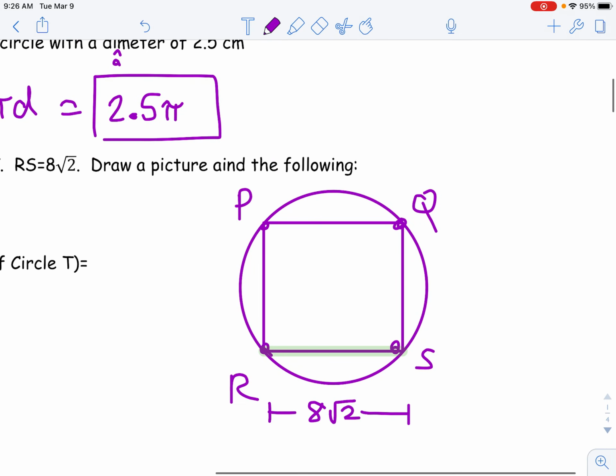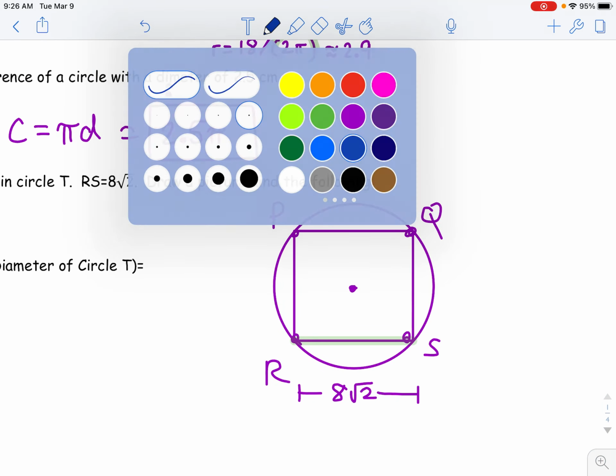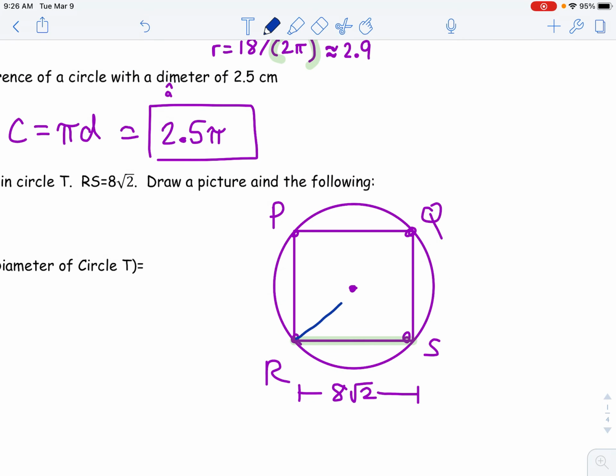So there are some ways we have to go about this. That's T. First, let's find this whole diagonal. Let's find the diameter. Now, I just made a right triangle and realized that this is also 8 radical 2.